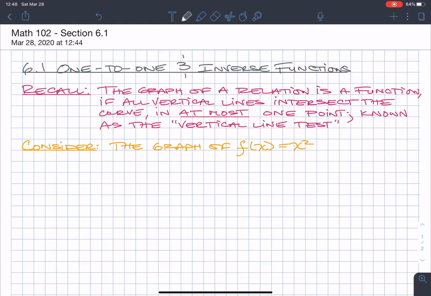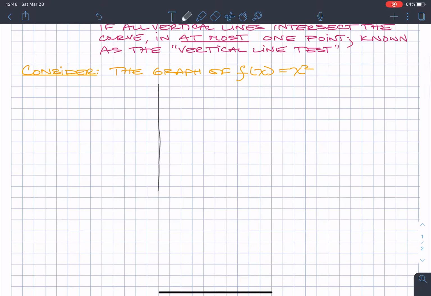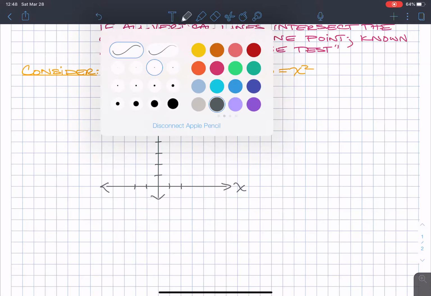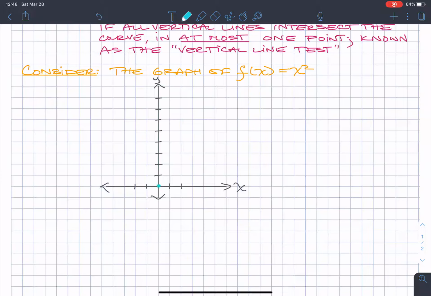So x and y coordinate axes. 0 squared is 0, 1 squared is 1, negative 1 squared is 1, 2 squared is 4, negative 2 squared is 4, 3 squared would be 9, that's off the graph, negative 3 squared would be 9, that's also off the graph.